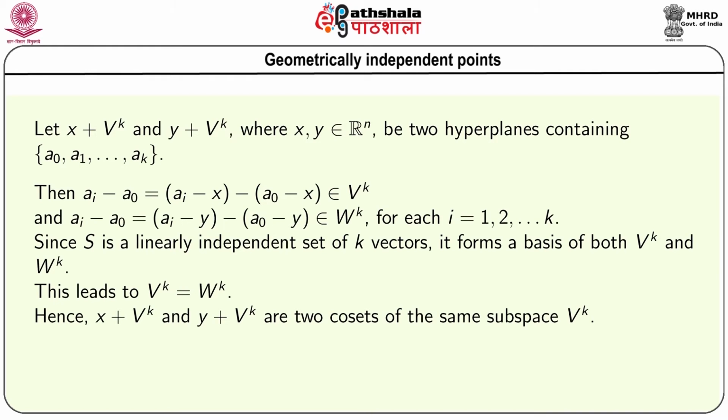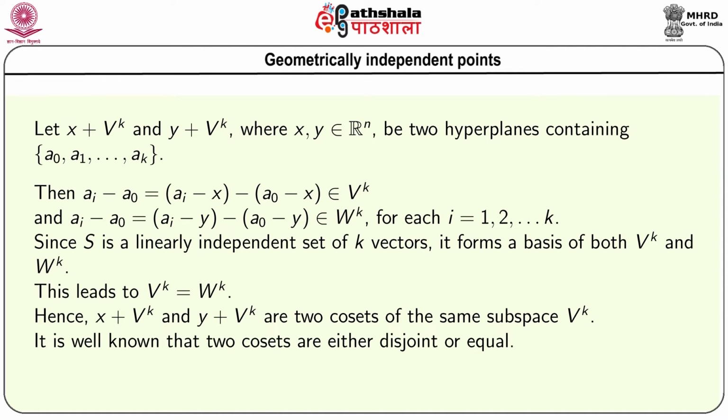Hence, x plus Vk and y plus Vk are two cosets of the same subspace Vk. It is well known that two cosets are either disjoint or equal. Since the set S is contained in Vk intersection Wk, x plus Vk equal to y plus Vk.